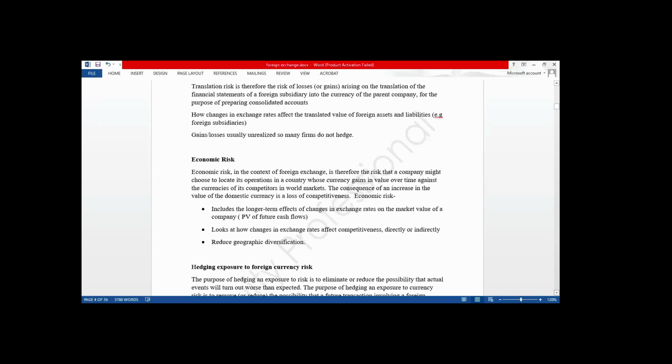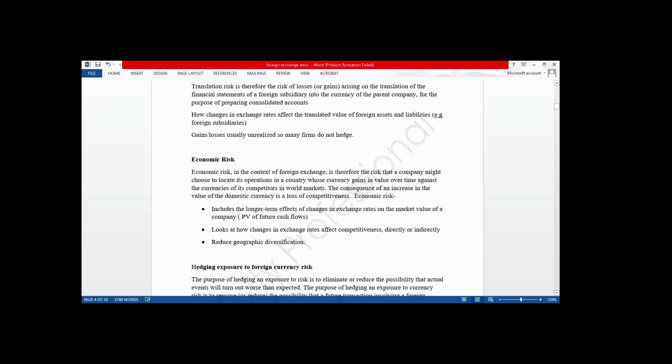It is much cheaper to produce these goods in Ghana than producing in Nigeria because the currency value is weaker here. Economic risk can affect the international competitiveness of a company within a country.